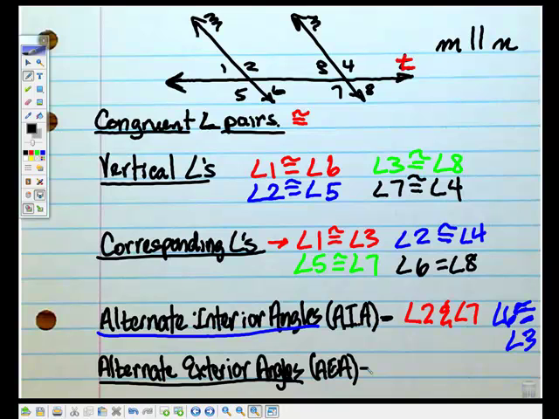And now you might be able to recognize we are not going to be concerned with what's inside the parallel lines, but instead what's outside the parallel lines, which would be this area is outside and this area is outside.